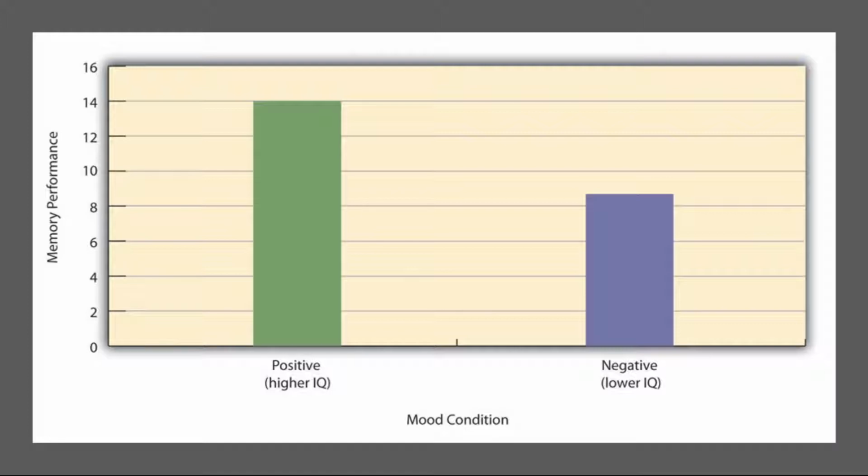Figure 5.1 shows the results of a hypothetical study in which participants in a positive mood condition scored higher on a memory task than participants in a negative mood condition. But if IQ is a confounding variable, with participants in the positive mood condition having higher IQs on average than participants in the negative mood condition, then it's unclear whether it was the positive moods or the higher IQs that caused participants in the first condition to score higher.